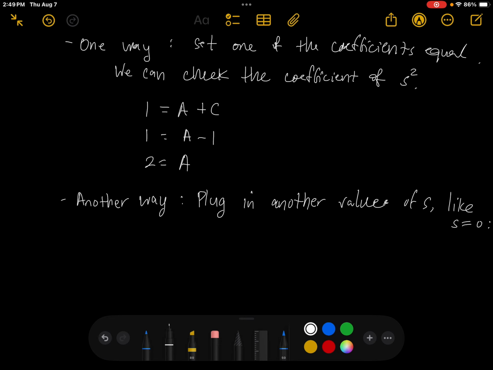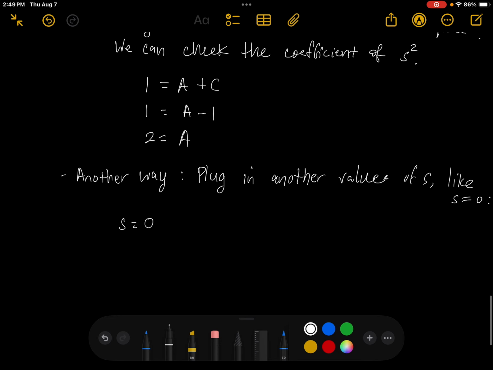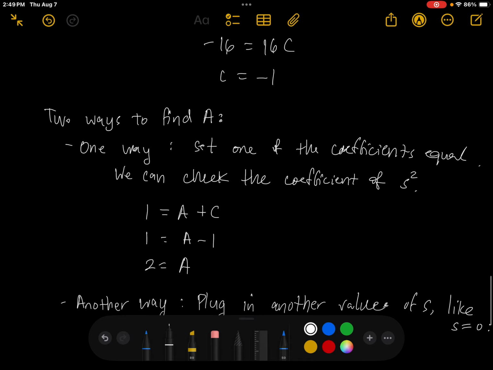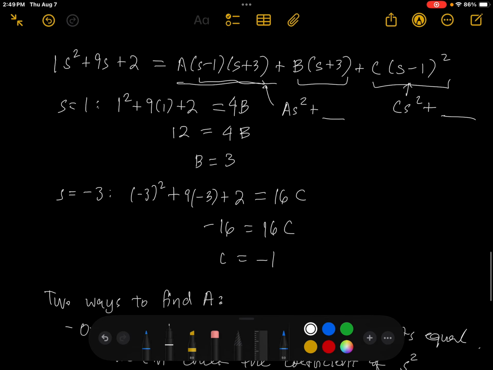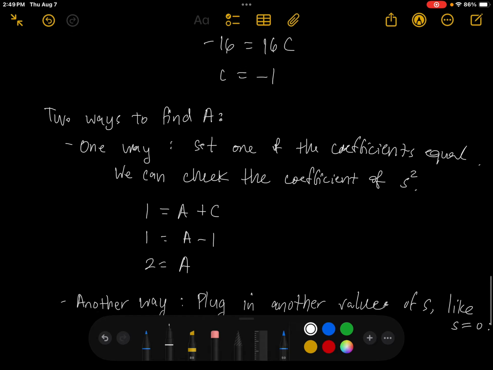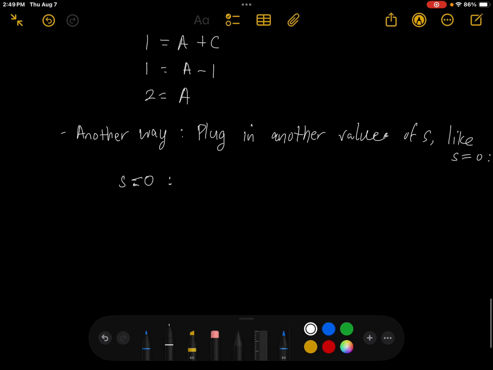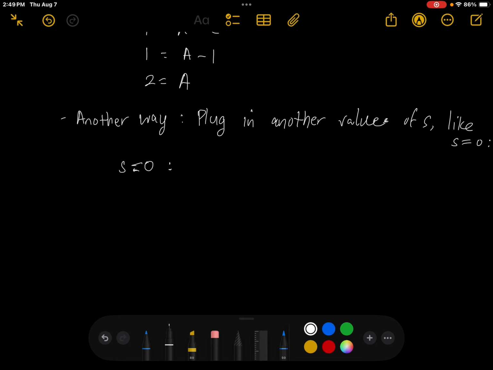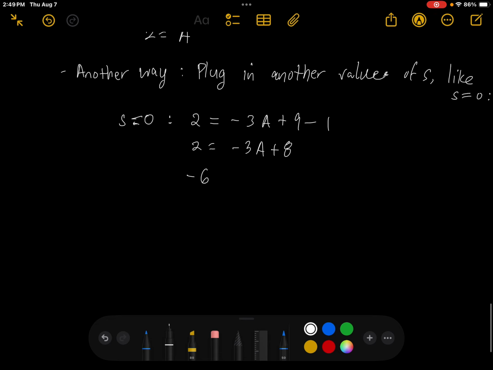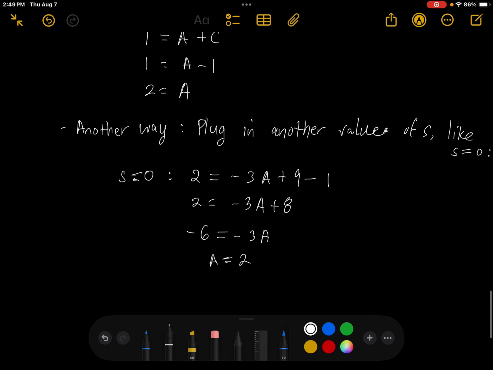So if you plug in s equals 0 into this equation, you are going to get, and we already know what b and c are. So if you plug all of that in, you're going to get 2 is equal to negative 3a plus 9 minus 1. And 2 is equal to negative 3a plus 8. And so when you subtract 8, it's negative 6 equals negative 3a, and a is equal to 2. So that's another way to figure out what a is.